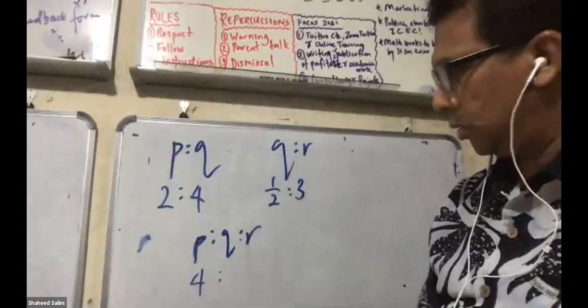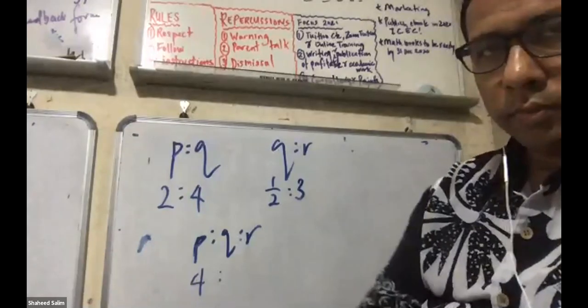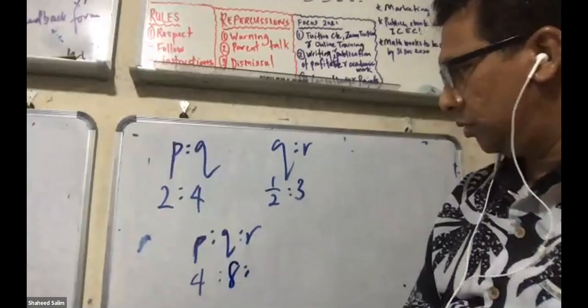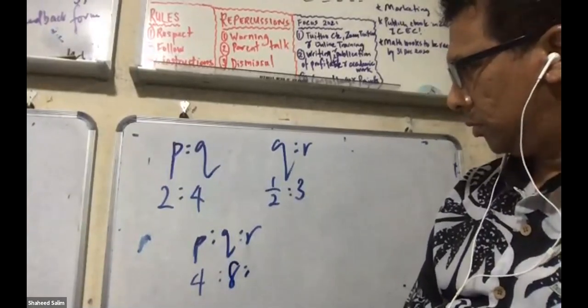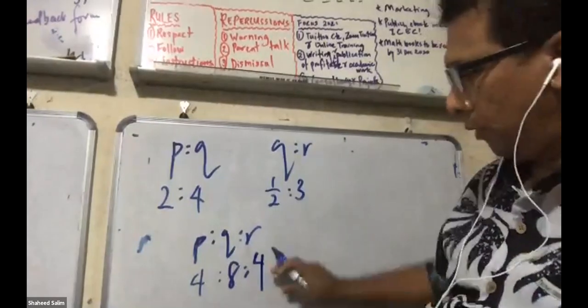Is it correct? Yes. Okay, 4, 2, 8. 8, 2, 4. So 12. 4, 12.